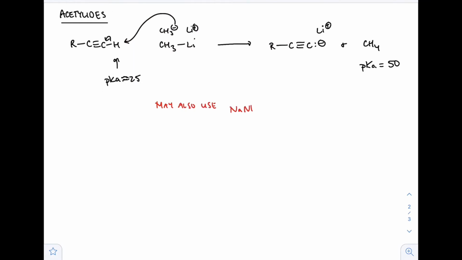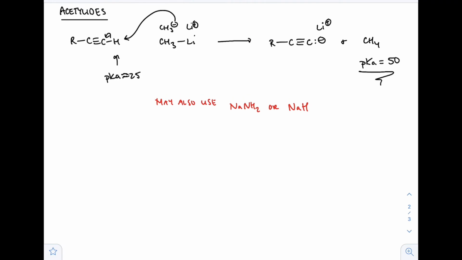We can use these as nucleophiles. We've already done this before, just kind of throwing it at you again though, right? And of course, to remove that proton, you can use sodium amide and sodium hydride as well. All right, so let's say we've got our organolithium and we've also got our Grignard. Okay, so these are sources of R minus, right?